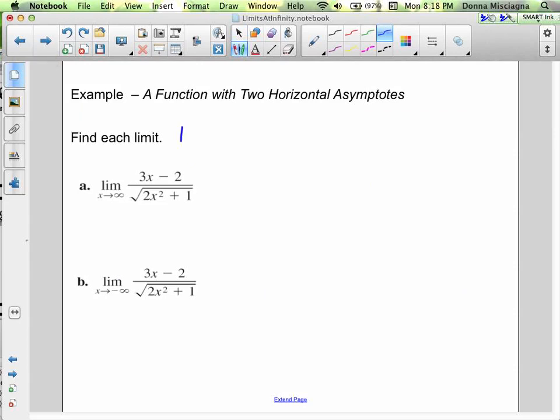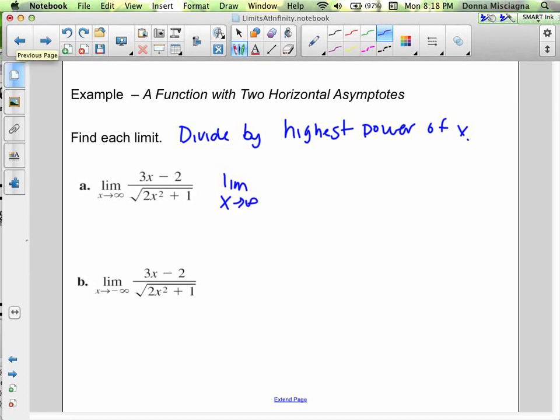We're going to divide by, and I know this is in your notes, the highest power of x. So we're going to have the limit as x approaches infinity. What's our highest power? Of course, it's going to be x, and that's going to be the square root of x squared for our radical there.